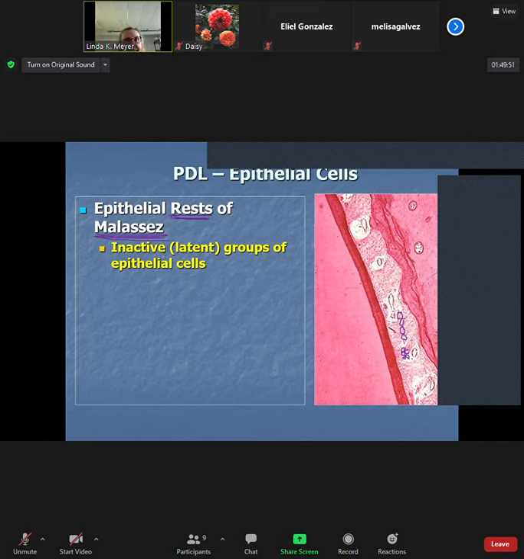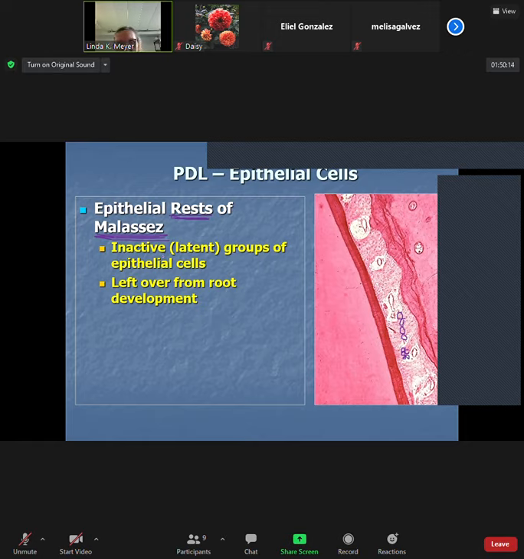So they're just inactive, or what we call latent or resting groups of epithelial cells. And for right now, all you have to know is they're left over from root development. There's an epithelial structure that is important in the formation of the roots of our teeth. And this is just left over.